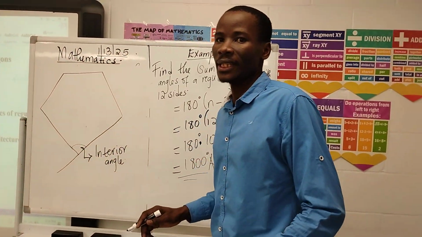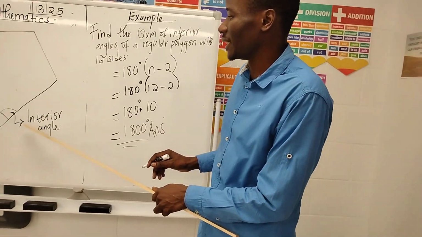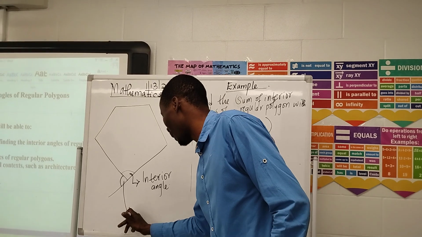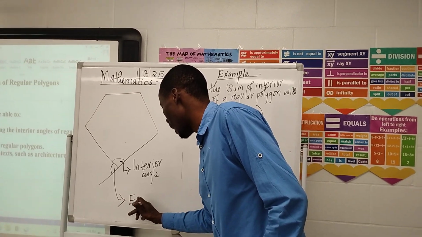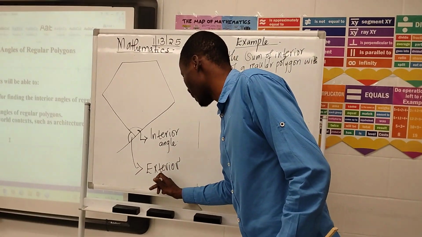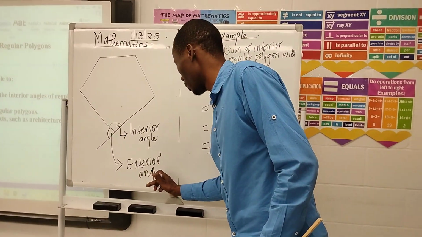The angle that is inside is called what? The interior angle. While the angle that is outside is called what? Exterior angle. The angle that is outside is called exterior angle.